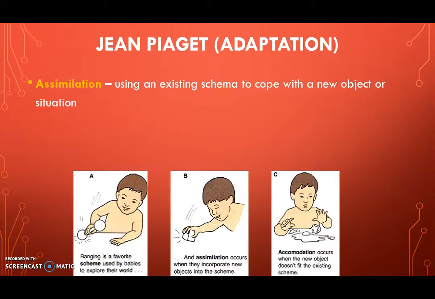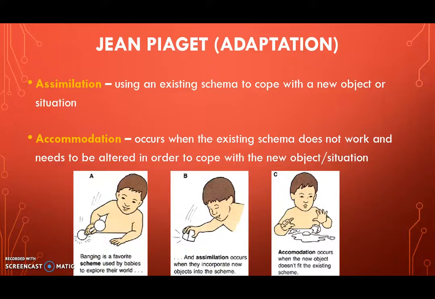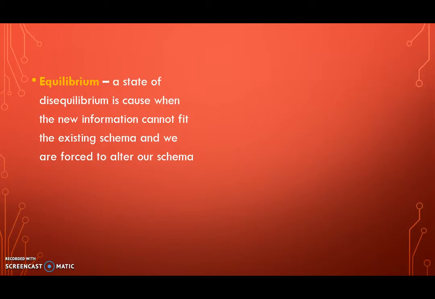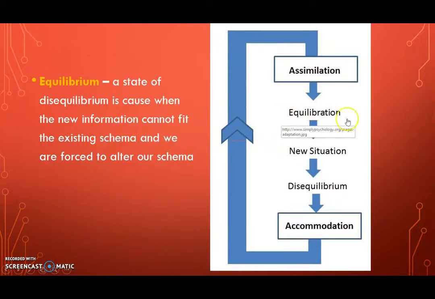Now, if I give my daughter or baby an egg, and they go to bang that egg off the surface, it's going to break. Now, this doesn't fit their existing schema, so we have to go through accommodation, where we need to alter the existing schema to cope with the new situation. So, usually, we are in a state of equilibrium.